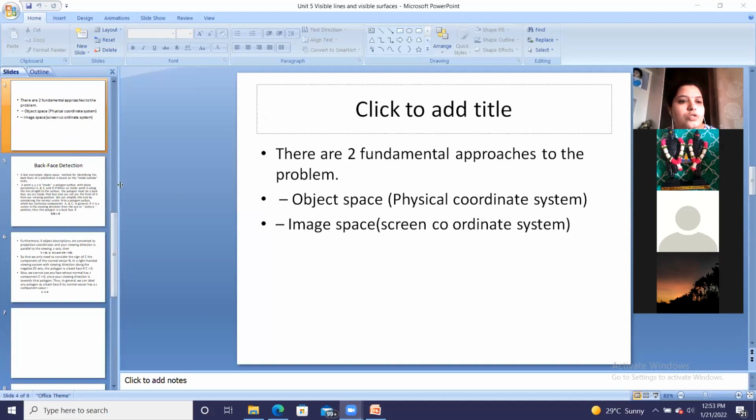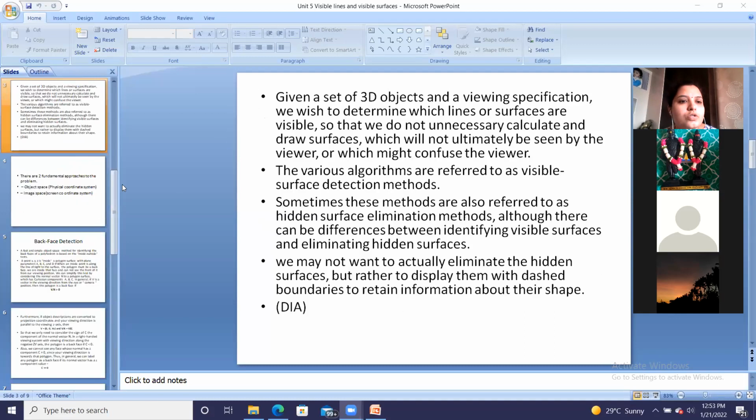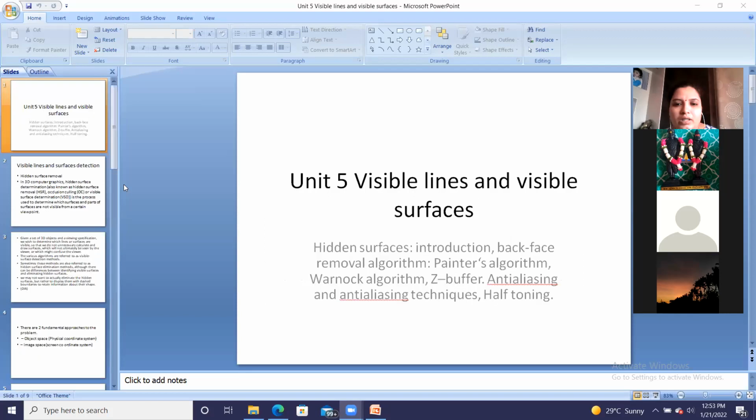So in the previous lecture, we started with chapter number 5, which was visible lines and visible surfaces. In that, we started with what is a visible line and what are visible surfaces.